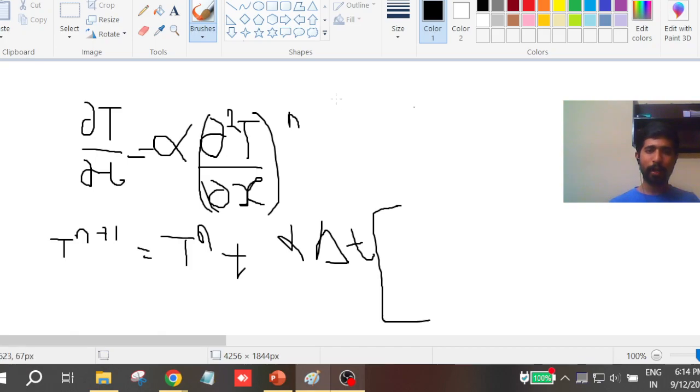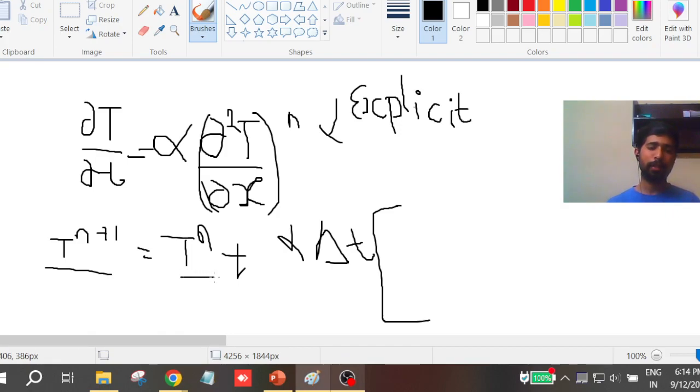This we called explicit time marching. As I told earlier, this was a very simple thing to do, especially with respect to coding. You could directly find T new using T old, that is, the previous time step's temperature. That was our main objective there.